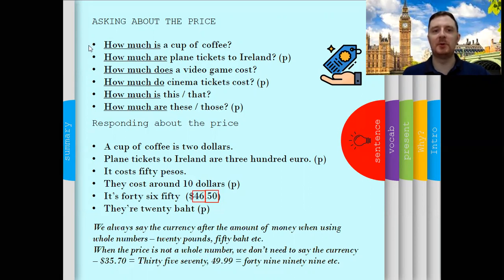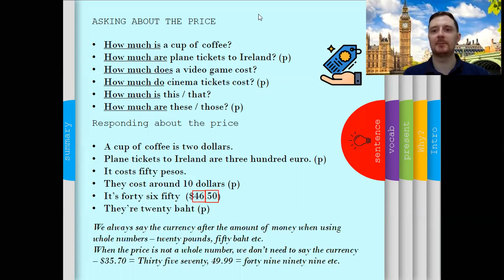So how much is, how much are, how much does, how much do cost, and how much is this, how much is that, how much are these, how much are those. And here are some examples of the answers. We're using the same format as the question, and we use the whole figure, the whole number, plus the currency.